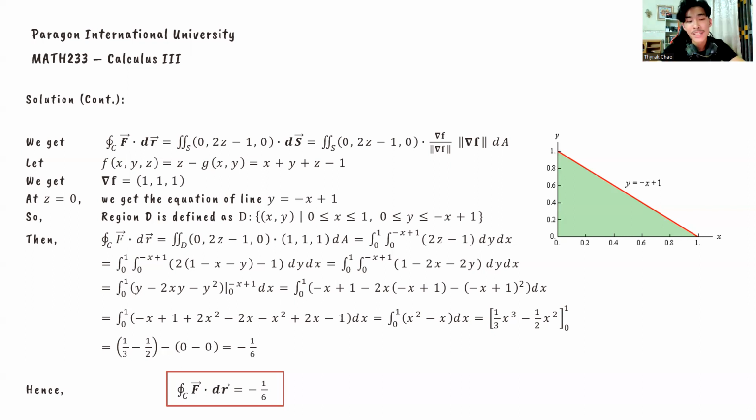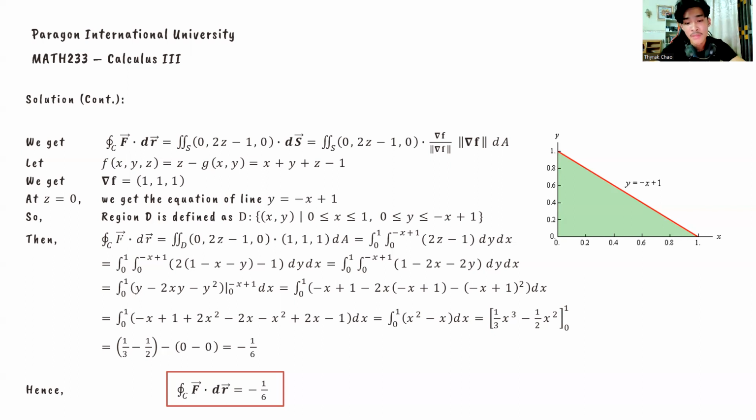It is equal to the integral from 0 to 1 of (minus x plus 1) minus 2x times (minus x plus 1) minus (minus x plus 1) squared dx, or we can simplify to the integral from 0 to 1 of x squared minus x dx, which equals 1 over 3 x cubed minus 1 over 2 x squared from 0 to 1, which is 1 over 3 minus 1 over 2 minus (0 minus 0), so it is equal to minus 1 over 6.